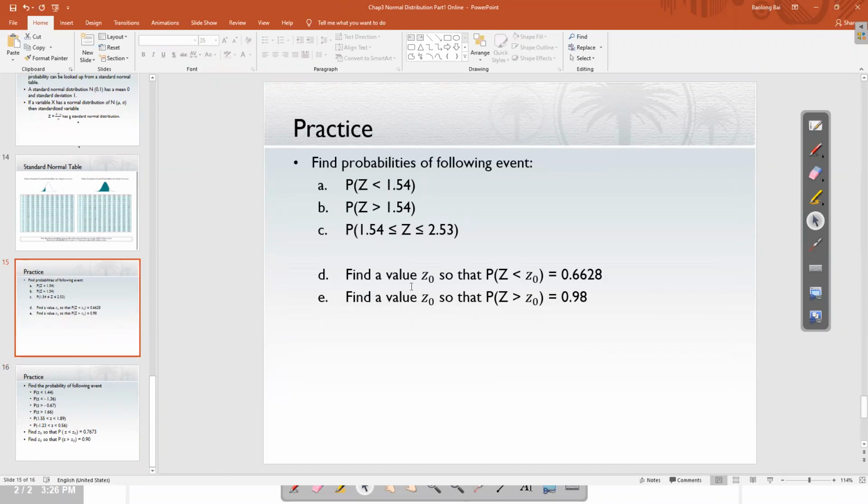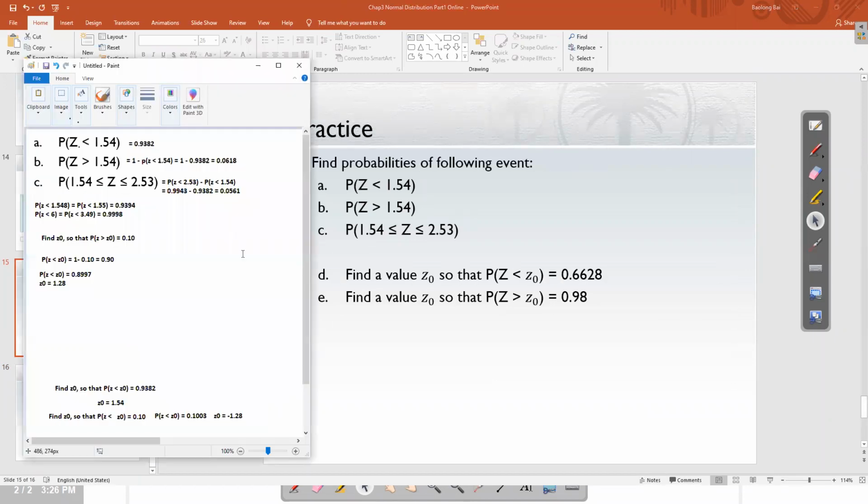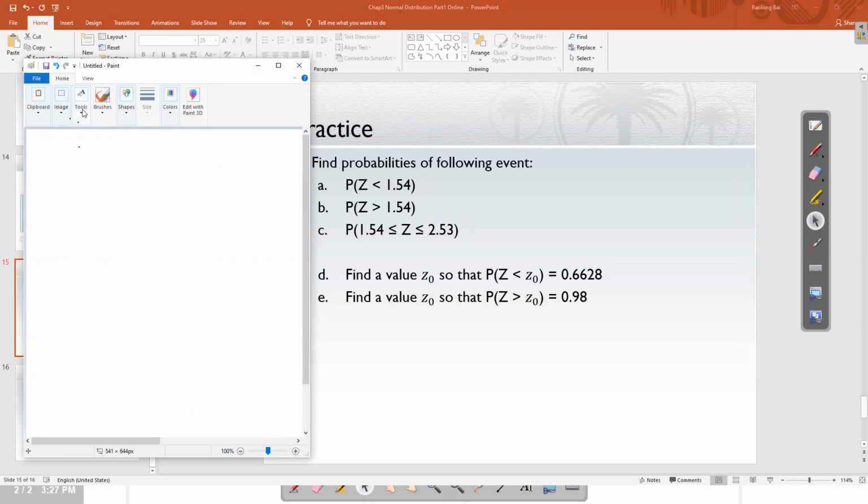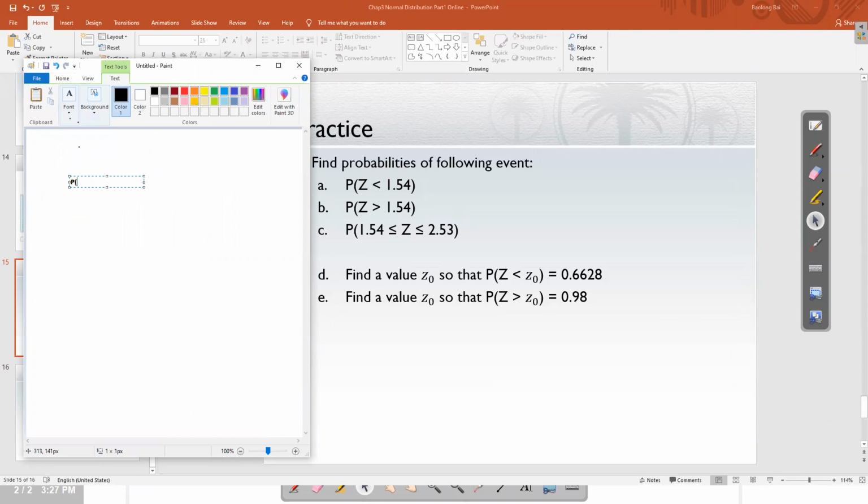For example, we're going to find a Z-score so that the probability of Z less than that Z-score equals 0.6628. So the probability of Z less than z0 equals 0.6628. Then what is z0?